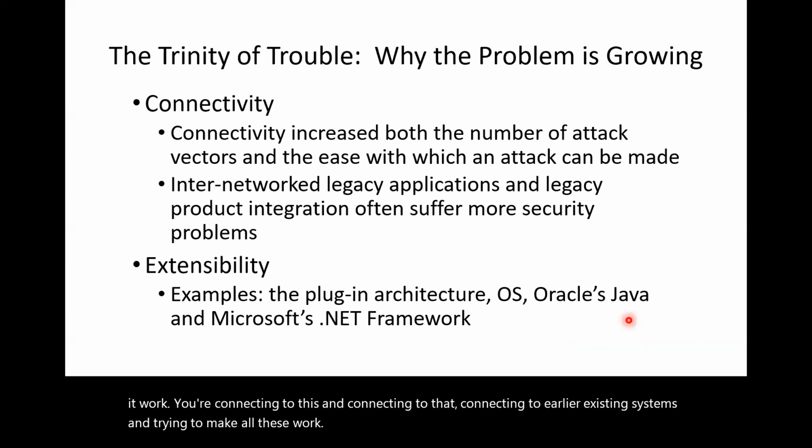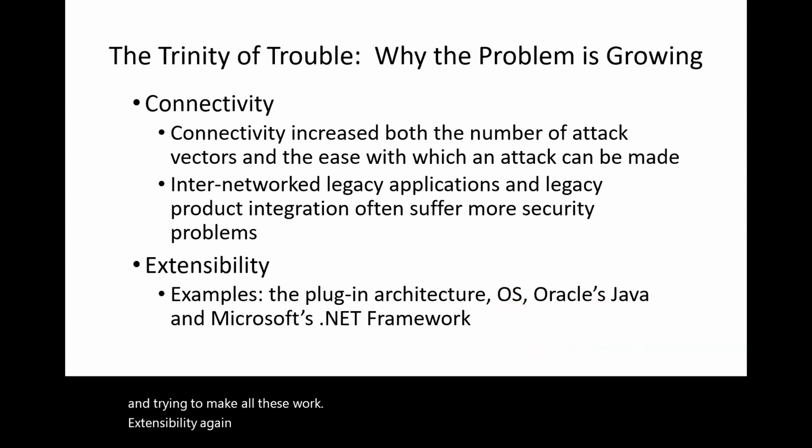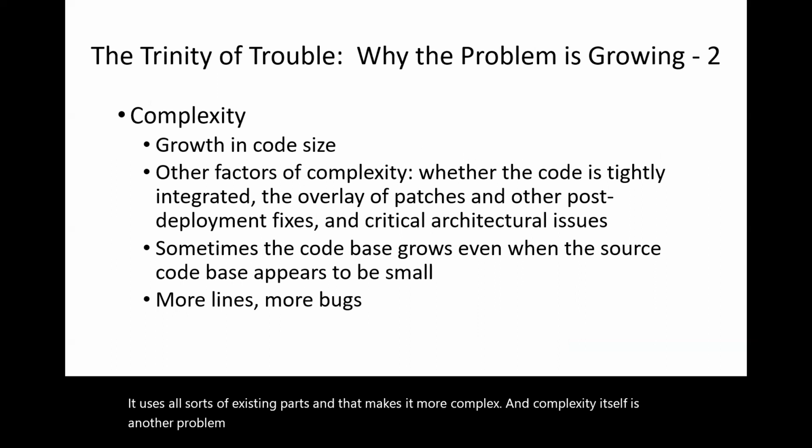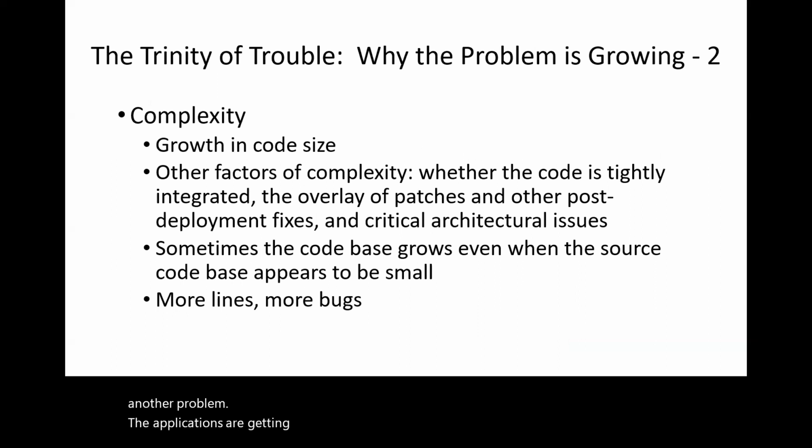Extensibility: you want to make this thing work everywhere, and it uses all sorts of existing parts, and that makes it more complex. And complexity itself is another problem. The applications are getting bigger, and everything is more integrated with other parts.